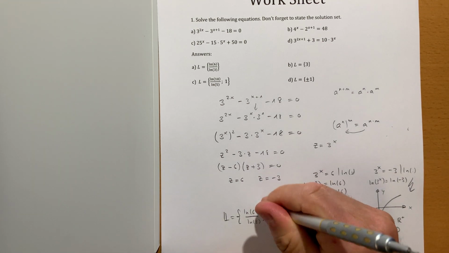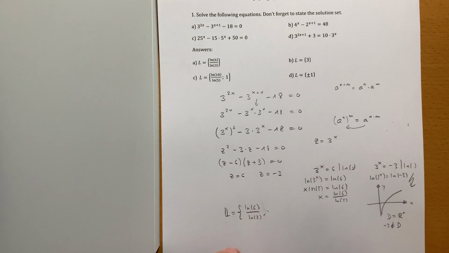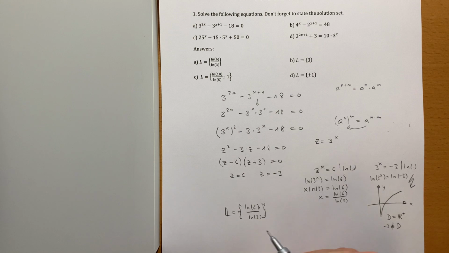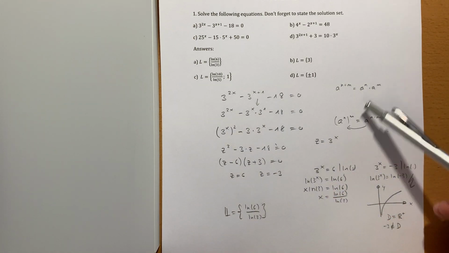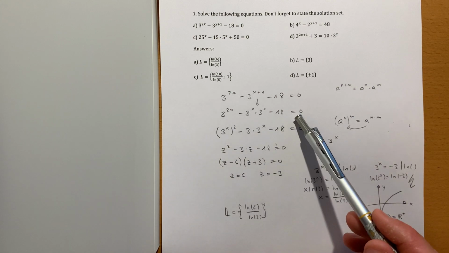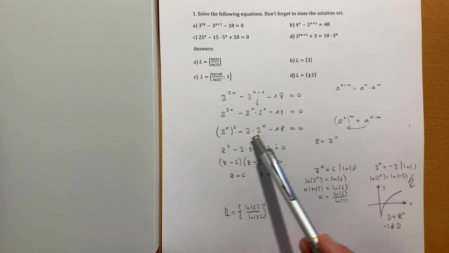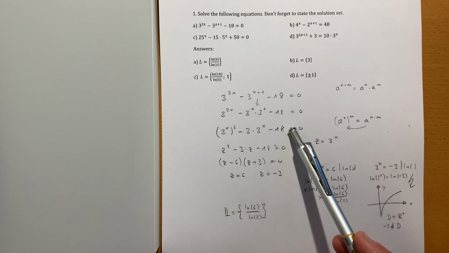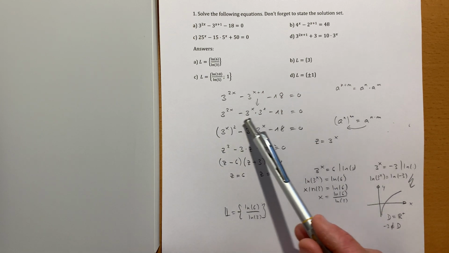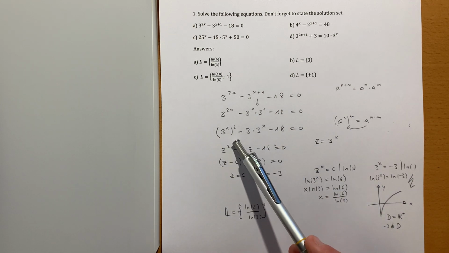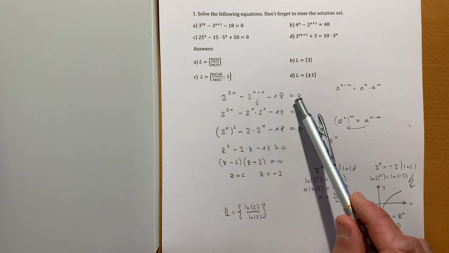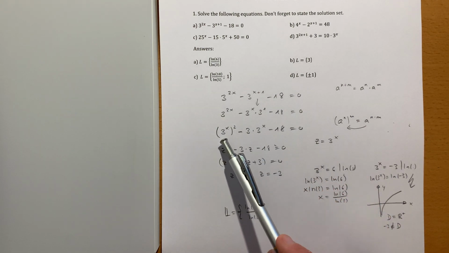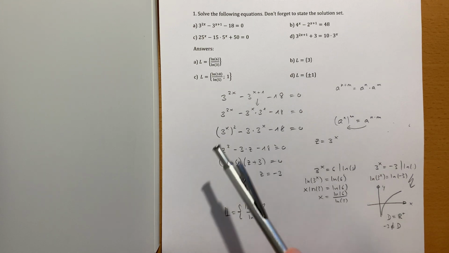As a quick recap, let's have another look at this equation. We started off with something like this. We used the laws of indices to simplify it, and we were able to see that this is a quadratic equation in 3 to the x. Let me repeat this. This is not a quadratic equation. It is a quadratic equation in 3 to the x.